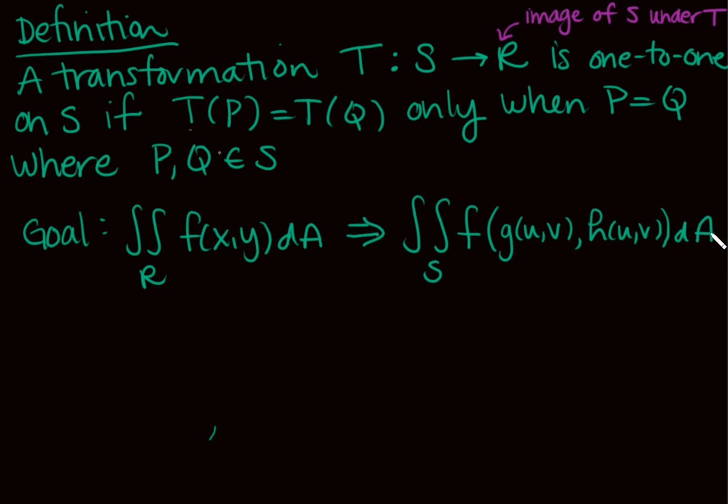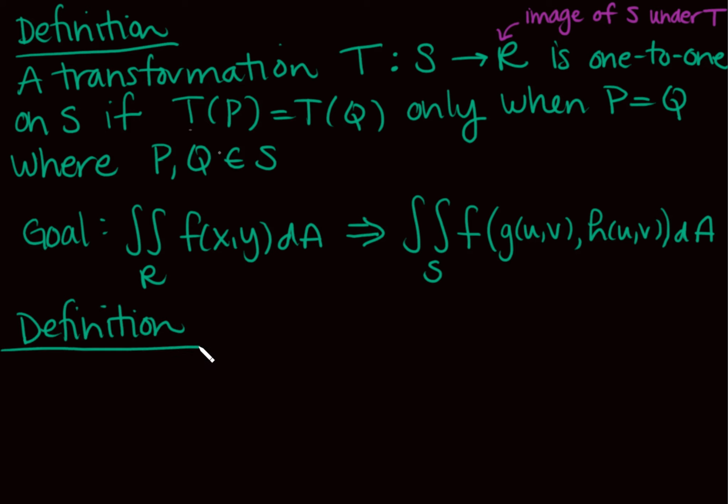Why would we do this? Just like we did with polar coordinates, it might make it more simple to evaluate. My first example is not more simple, but eventually it will be. We need one more definition and then a theorem, and then we will be raring to go.